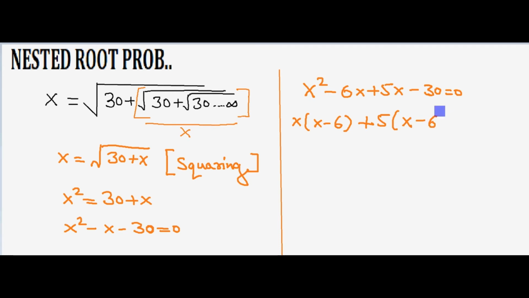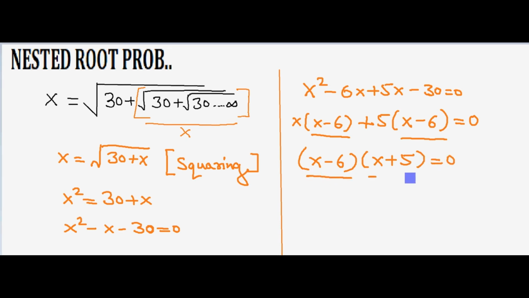Now you see both of them have x minus 6 as common, so we can take it out, and we are left with x plus 5. You know, when two numbers are multiplied and the answer is equal to 0, it means either this number is equal to 0 or this number is equal to 0 or both of them are equal to 0, then only the multiplication 0 is possible.